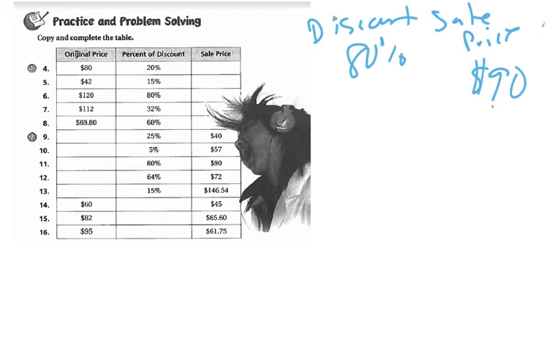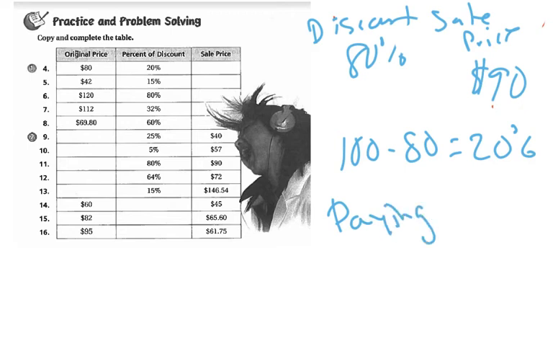We need to figure out the original amount. So we're going to look at this discount percent. Its discount is 80%, right? So 100% minus 80% is 20%. So how much are we paying? We're paying 20% of the original price.